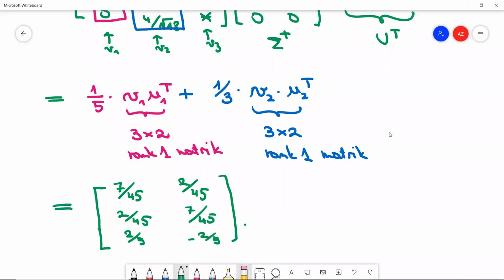So this is the first case, when B is really in the column space of A, when the system is solvable. But when the system is not solvable, when AX = B is not solvable, we will see still that A plus B is the best solution using the method of least squares.